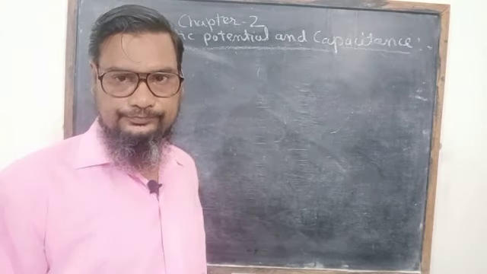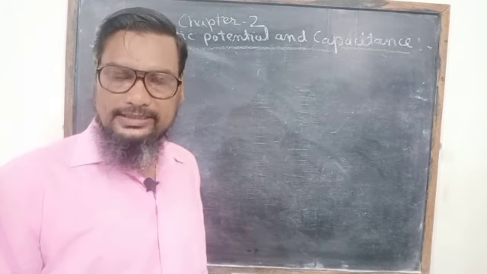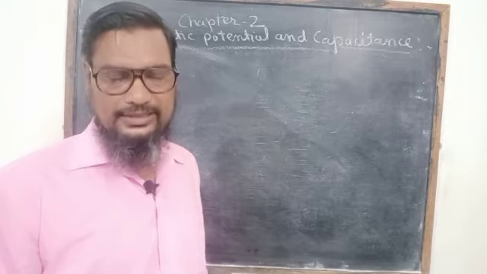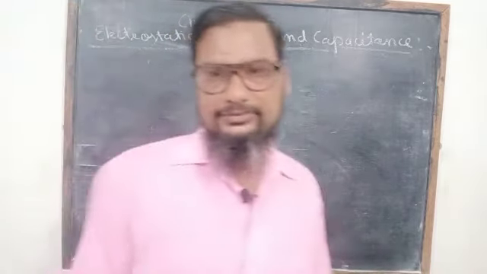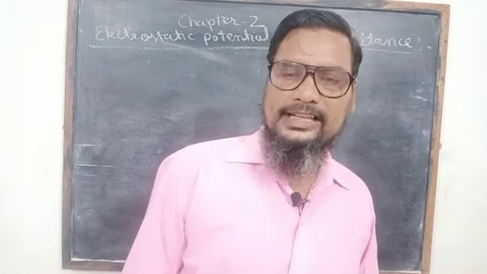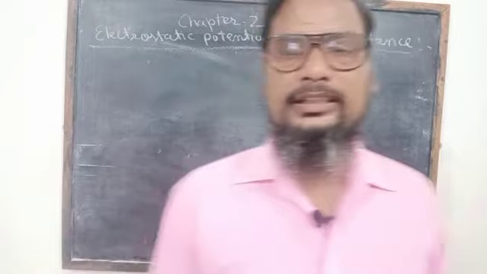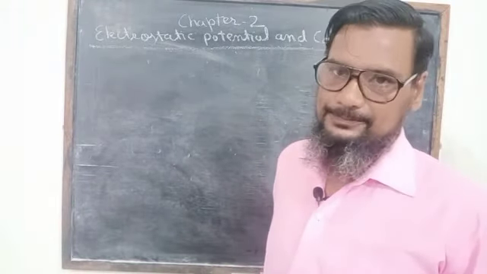Hello, this is my third lecture, and in the second lecture we discussed equipotential surfaces. What are equipotential surfaces? The surfaces that contain equal potential at all their points are called equipotential surfaces.